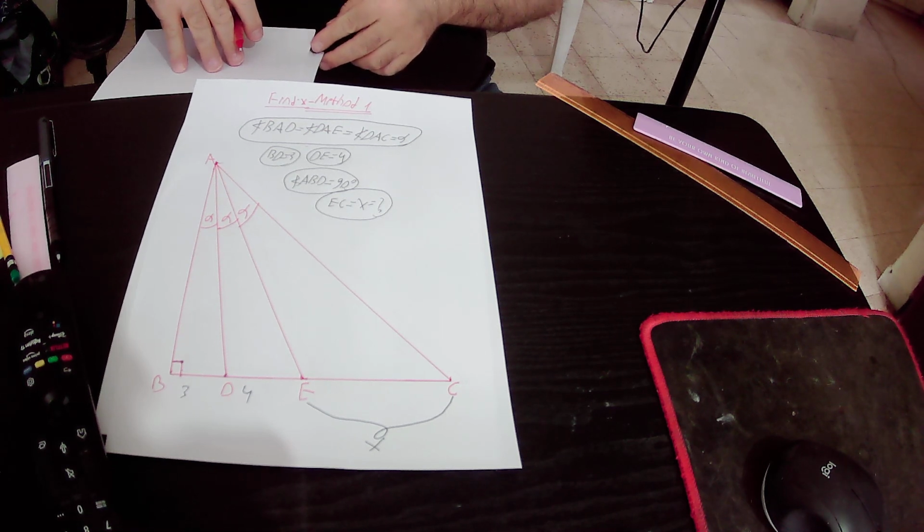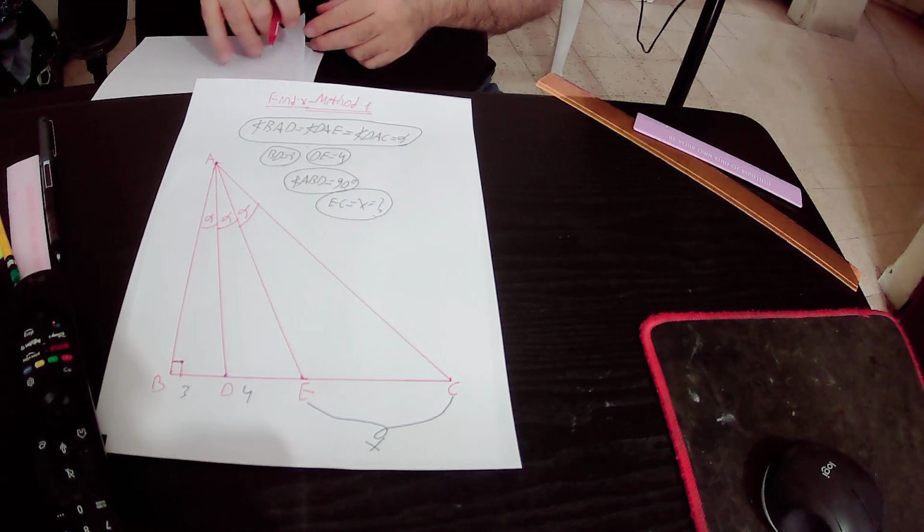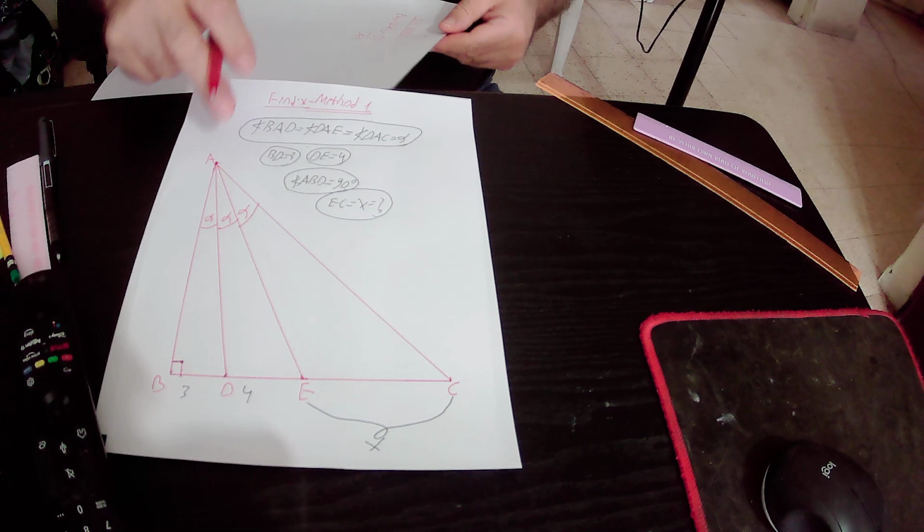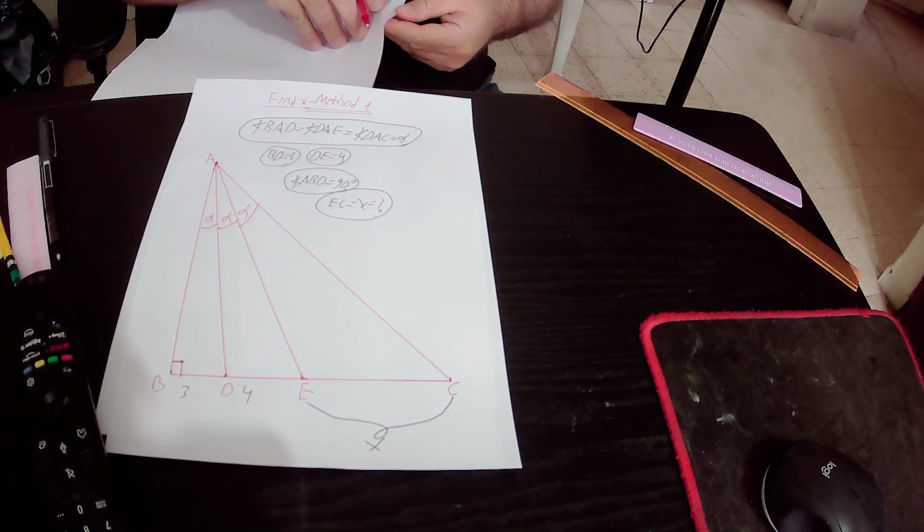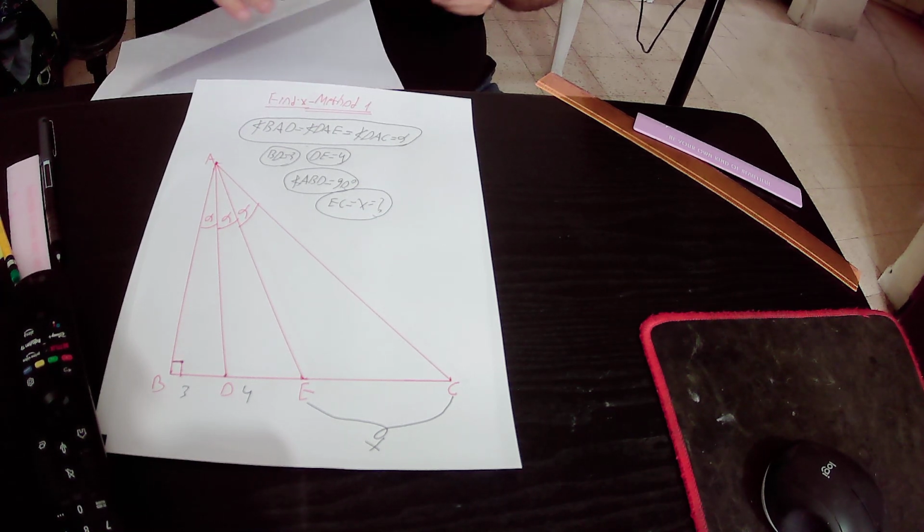Again, in the right triangle ABE, we know that tangent 2 alpha equals BE over AB.